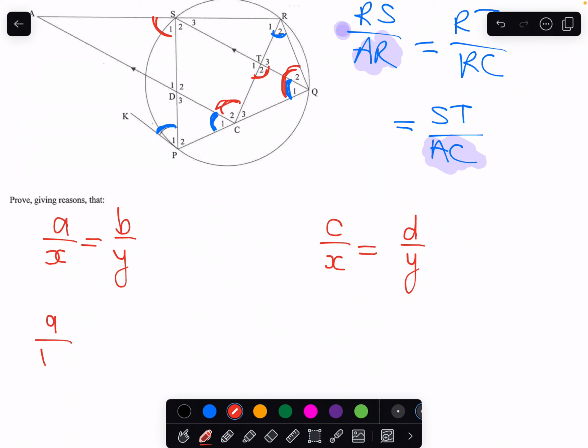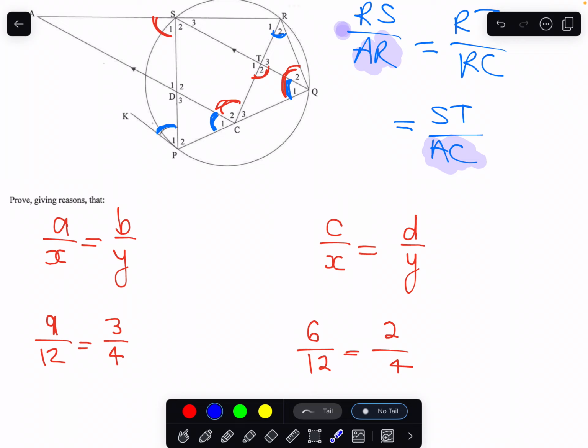So if we have 9 over 12 is equal to 3 over 4, okay, and then in this other world we also have something over 12 equal to something over 4. So if we have 6 over 12 is equal to 2 over 4, well, these are in the same ratio. 9 to 3 is the same as 6 to 2. That comes to 3 to 1.